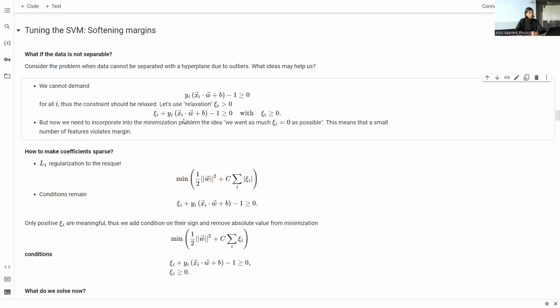What does it mean mathematically? What does my relaxation do? It's some sort of an error. I'm allowing my point here to move somewhere closer to the line, and this psi i basically defines the distance I'm allowing this point to travel.